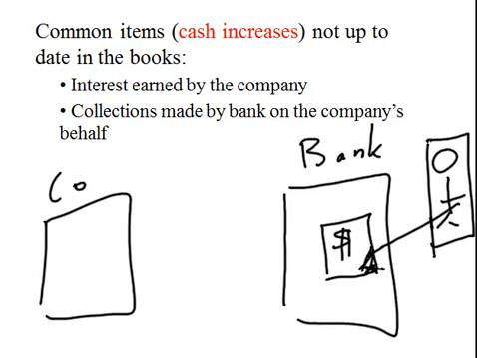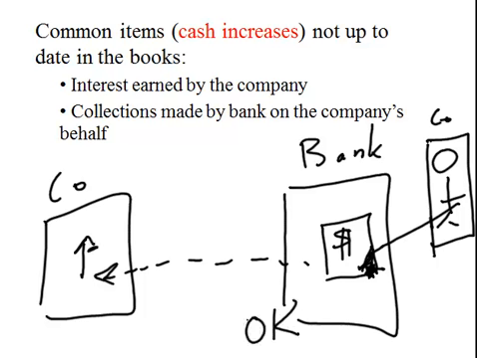The bank knows about the interest it has credited to our account. The bank knows about amounts other companies have paid directly to our account. We need to update our records to reflect these increases. In this case, the bank's number is okay. It is the company that needs to make a change.